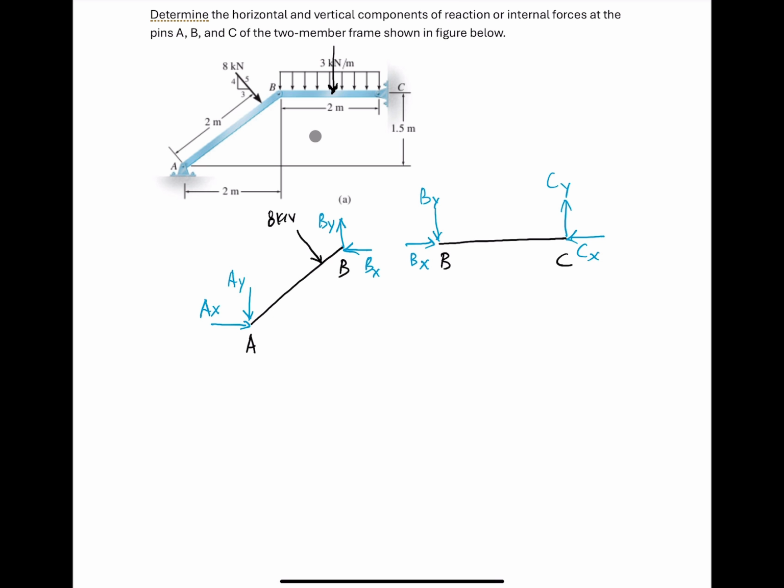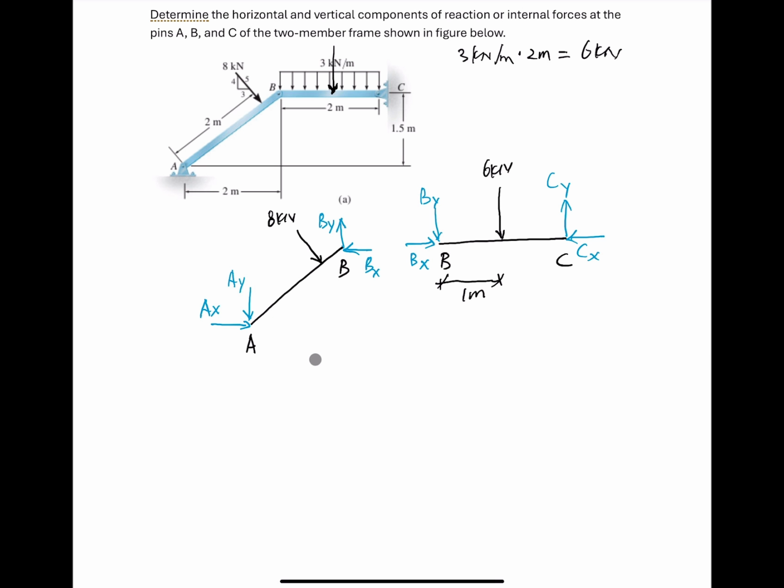The value of this equivalent force would be 3 kilonewton per meter times the length of beam BC, equal to 6 kilonewton. So this is 6 kilonewton at the midpoint. The distance to the midpoint will be 1 meter.